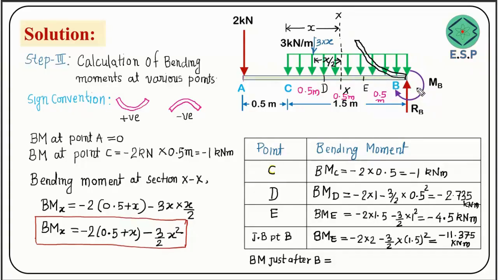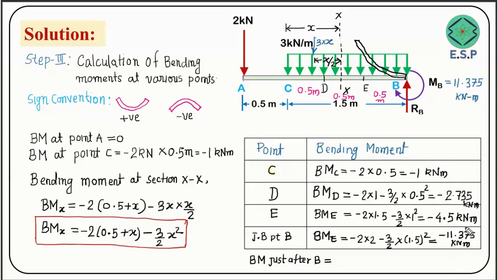So for the sagging, whatever value you got, you have to add this particular moment. We have already calculated the moment reaction here. If you remember, the moment reaction we got over here was 11.375 kilonewton meter. So it's very simple.